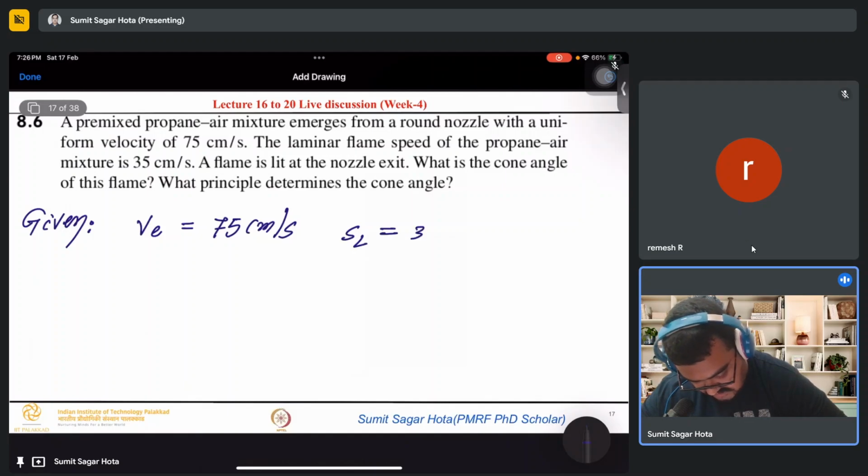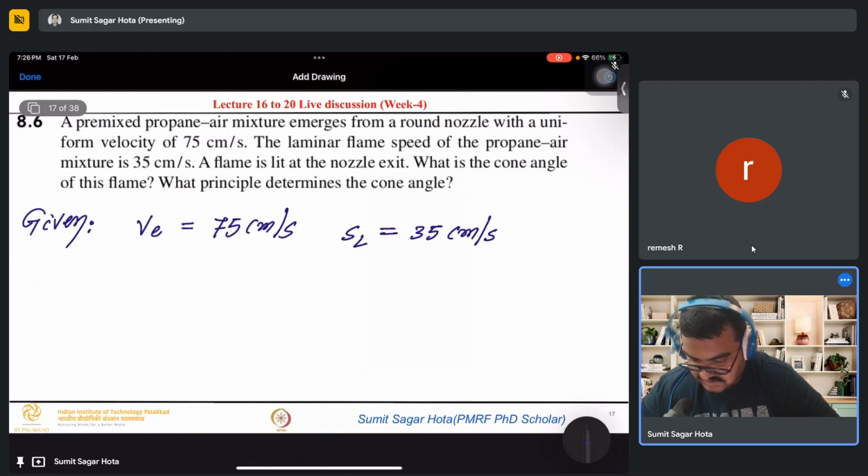A flame is lit at the nozzle exit, meaning whatever I am writing here is the exit velocity, that's what it's telling. The velocity is 75 centimeter per second, that is the exit velocity. So what is the fuel? Propane.